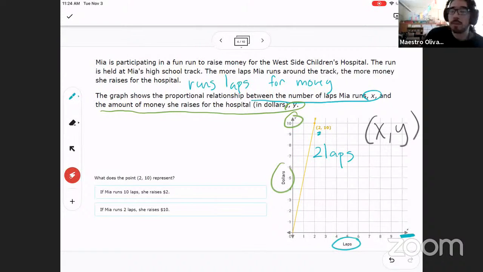Angel, you can still type out your answer though. What do you think it represents, the 10? 10 laps or $10? $10. Perfect. Angel, I'm sure you recognize this 10 is the Y value and the Y values are the dollars. Beautiful. Thank you so much, Angel. It's $10.